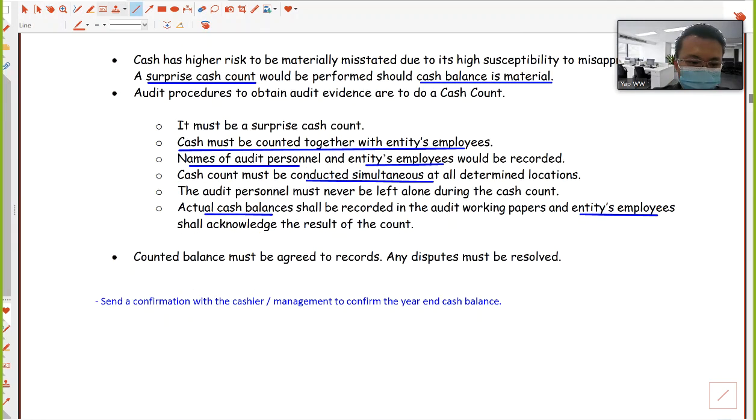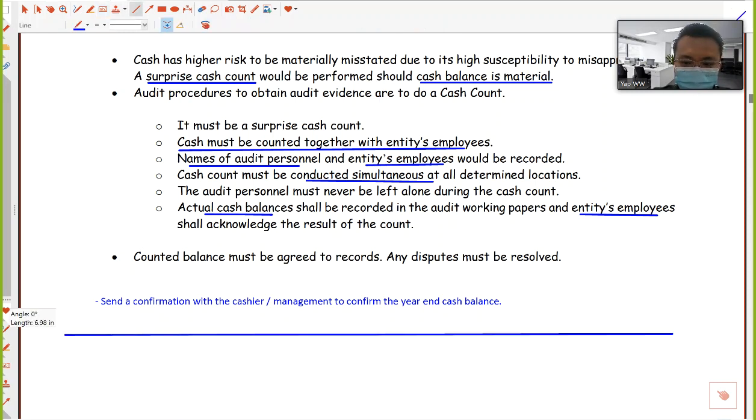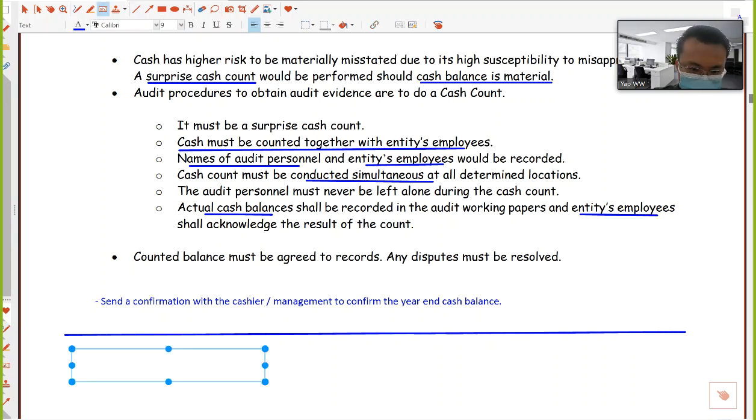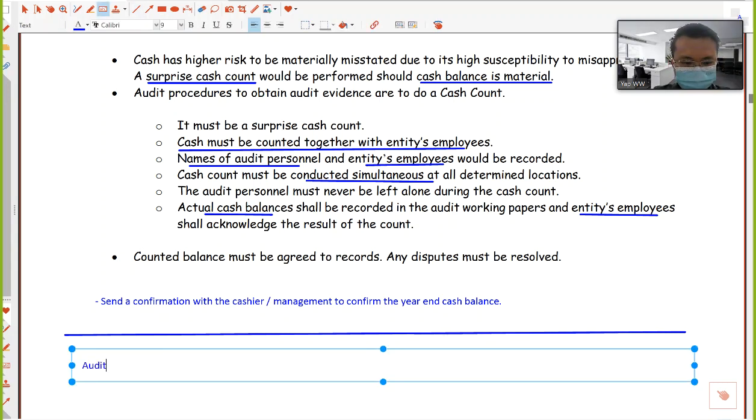Basically, instead of auditing the cash balance, the auditor will prefer to perform test of control over the cash cycle if the entity heavily relies on cash transactions.